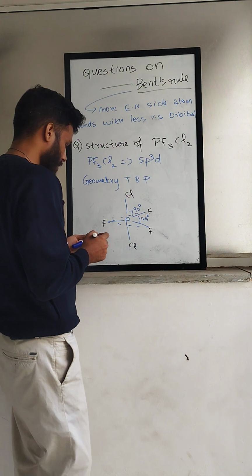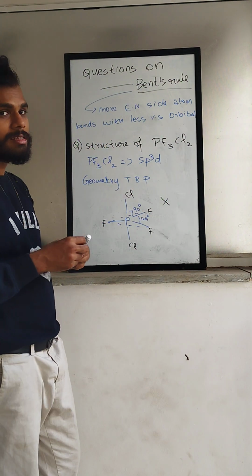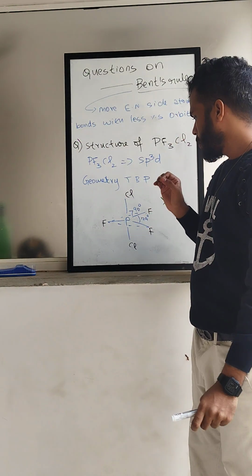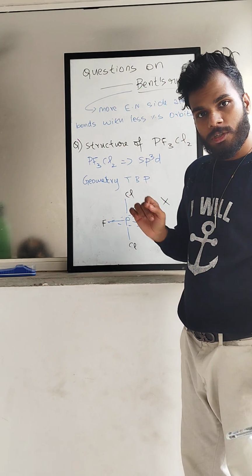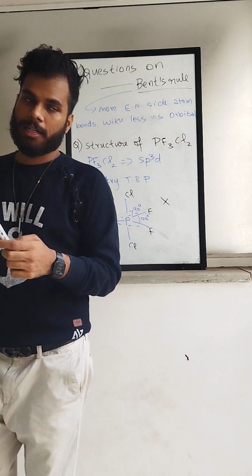But this is the wrong answer. This is the answer you get when you only know the very basics of VSEPR. But if you know Bent's rule, you should know that this is wrong. So let's see how to get the correct answer.